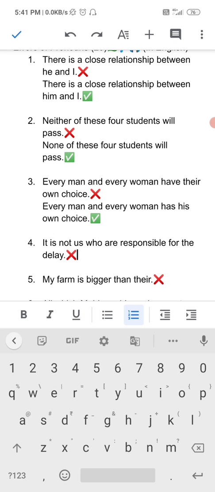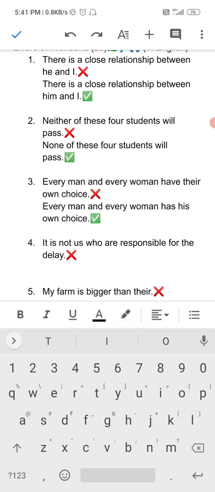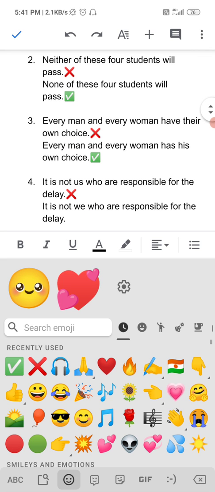This is right. So it is not we. We have to replace us with the word we. So the correct answer should be it is not we who are responsible for the delay.